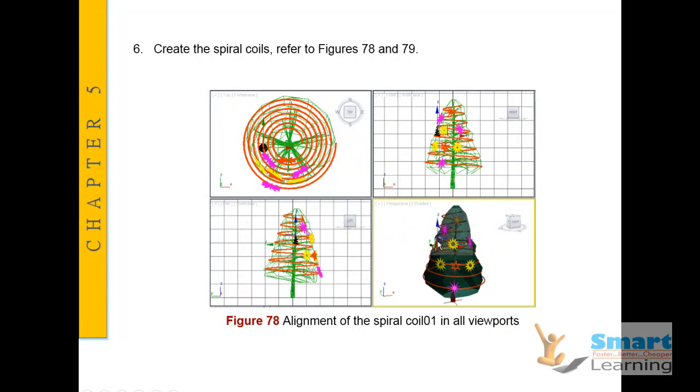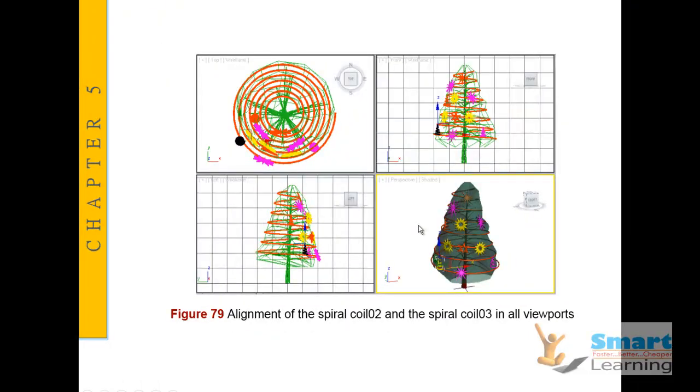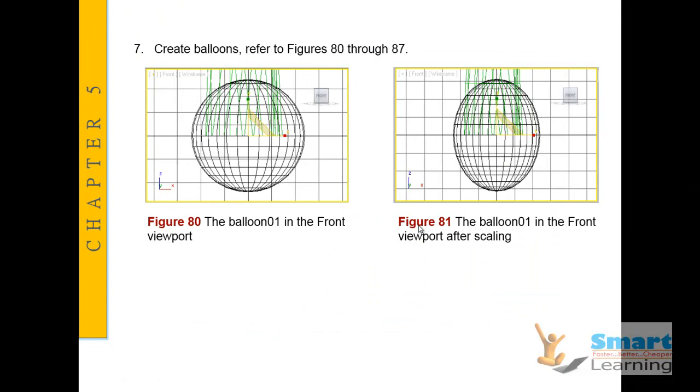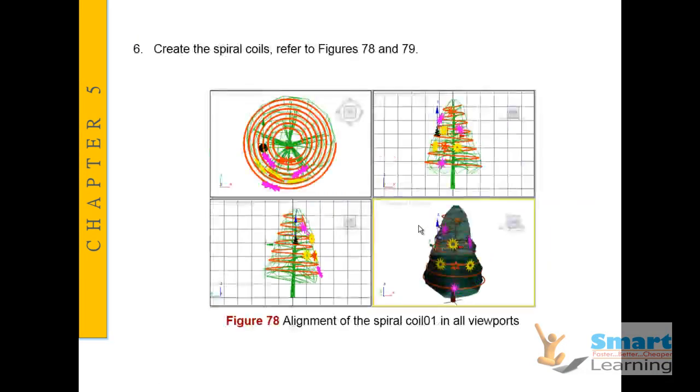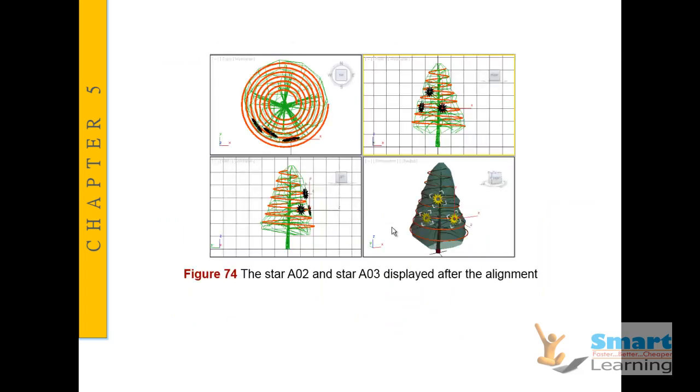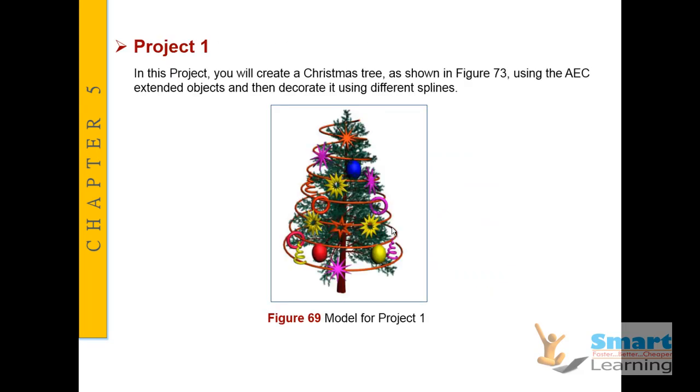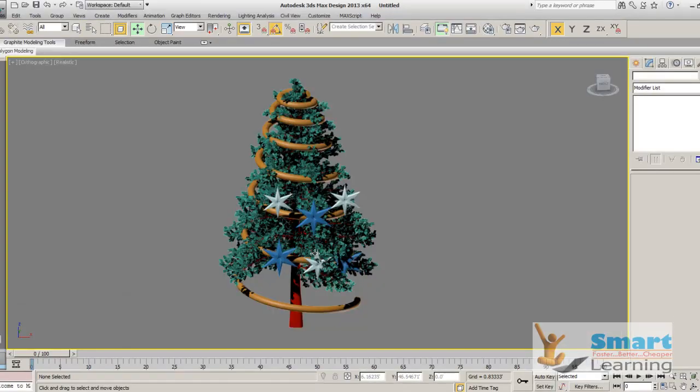Then we'll place these springs, and then we'll create these balloons and place them. Small springs we have to create and match. These are the springs which you can hang. So what I will do is use a trick.